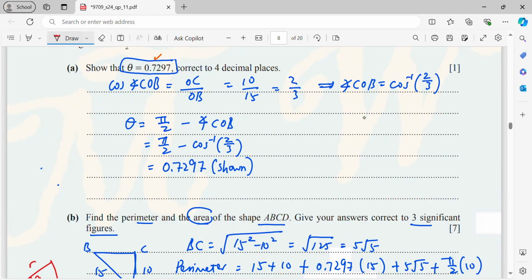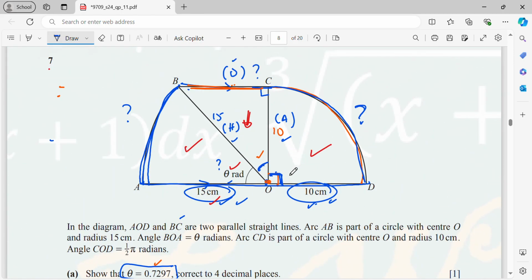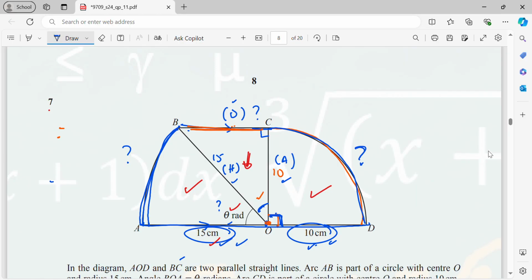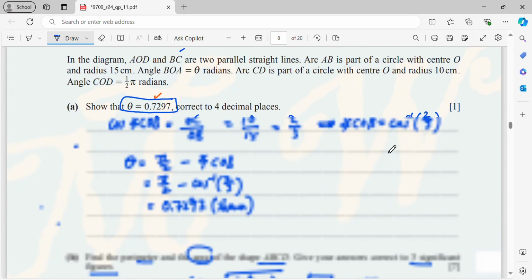So here I will write area equals to area of sector AOB plus area of triangle BOC, then you plus area of sector DOC.